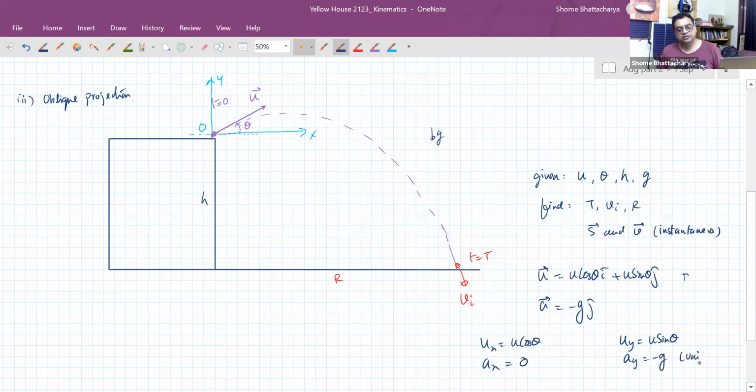So this is again uniform acceleration. Use these parameters to describe time of flight, impact velocity, range, displacement, and velocity as functions of time. Just try this out, then we'll discuss an example.